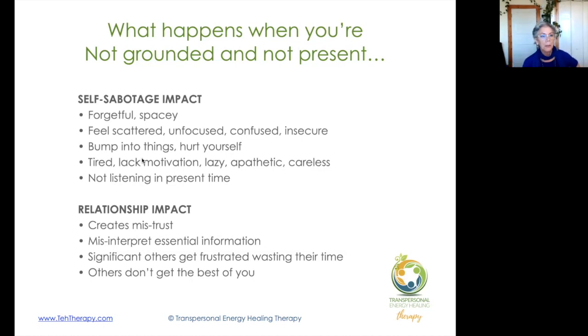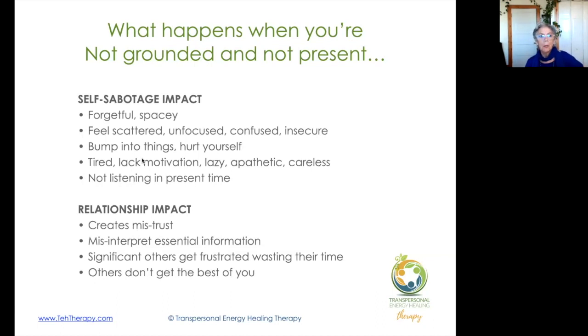It's hard to feel yourself. You feel tired, you lack motivation, you're lazy, you think of yourself as lazy and apathetic and careless. A lot of ADD happens here because they're not listening in present time, because it's so easy for them to feel distracted.